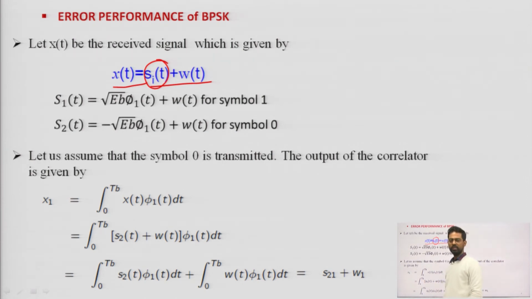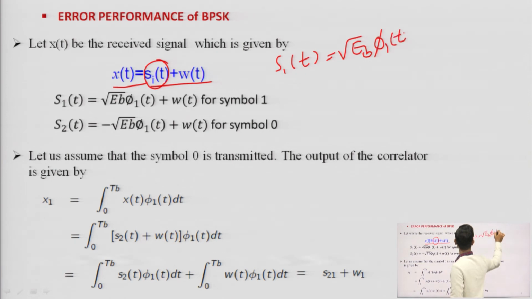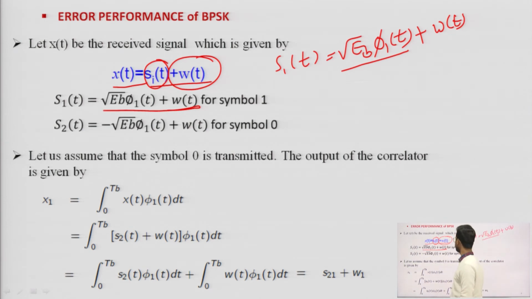So s1(t) is root Eb phi 1(t), but as we are considering the noise effect, we have root Eb phi 1(t) plus noise. This is s1(t) for symbol 1.